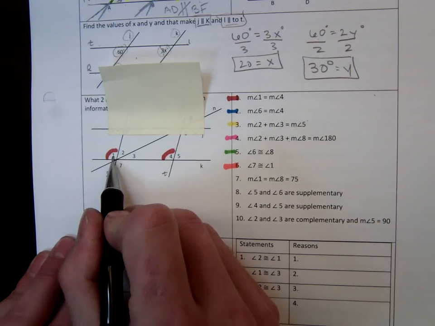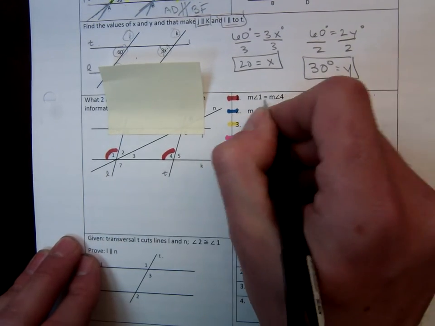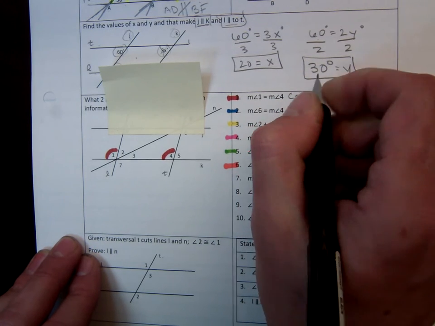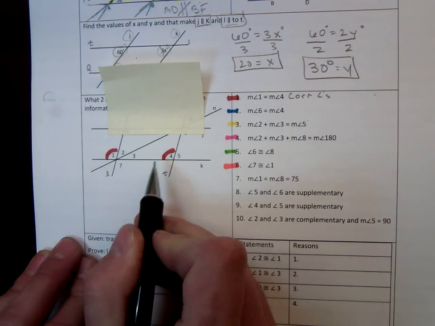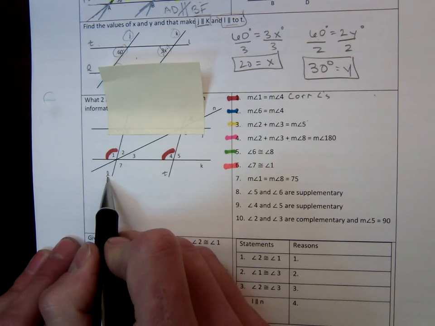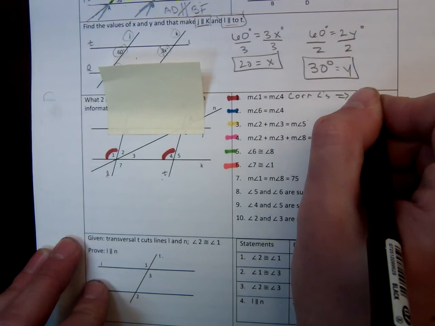Now we see that 1 and 4, hopefully you figured out, are corresponding angles. And since they are equal, we then know that L and T must be parallel.